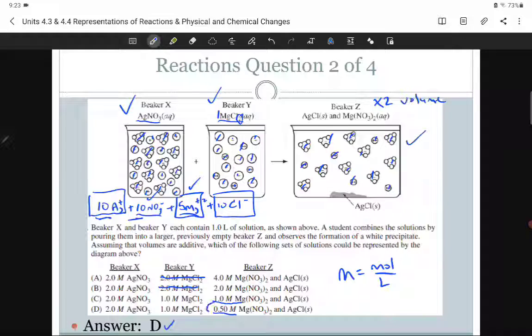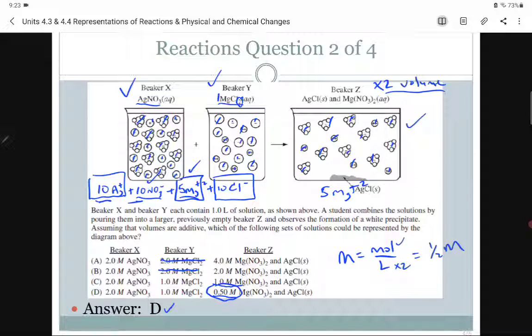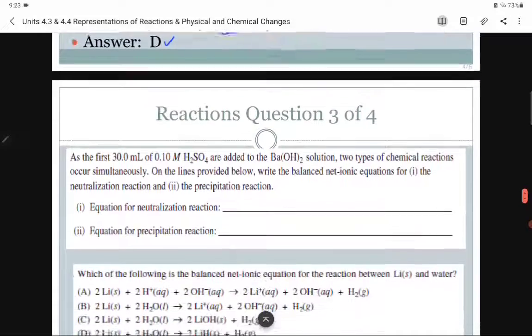And so that's why we got, even though over here we still had 5 Mg pluses, plus 2s, we have twice the volume. So same number of moles, but times 2. So that means that the molarity will be half. That's how we got answer D.